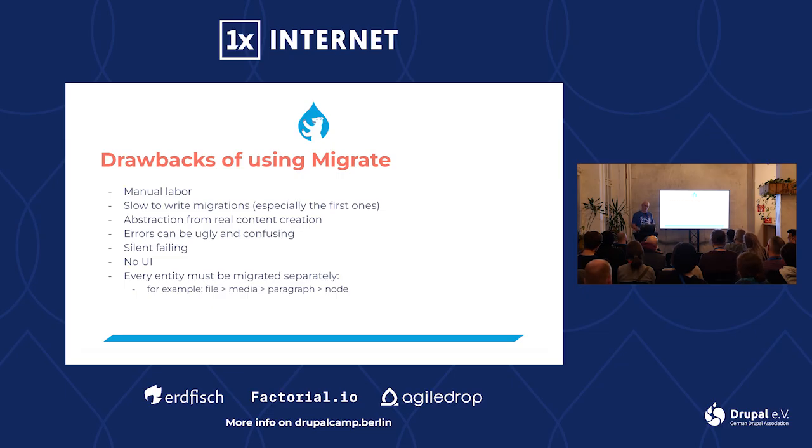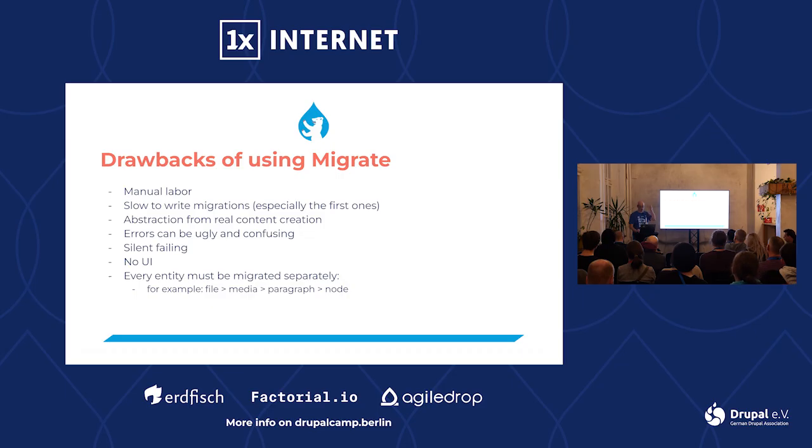Then you can run into all kinds of errors that can be confusing, or silent errors. Something is missing, something goes wrong, but there's no information at all about what's going on. So that's something you have to be prepared for, but it's also experience that you can use for any other migration project.